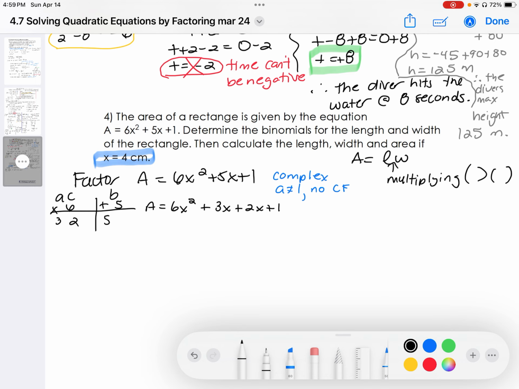Okay, so I'm going to group factor these two and these two terms separately, creating something in brackets that is the same. So I'm going to do, in the first one, I can divide by 3x.